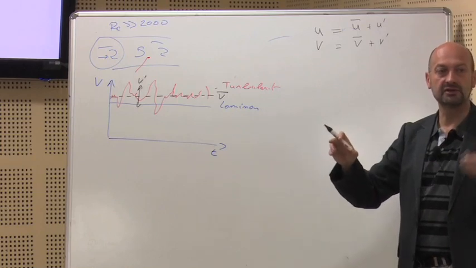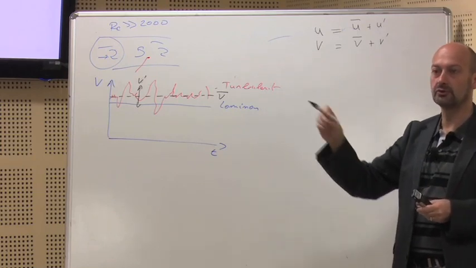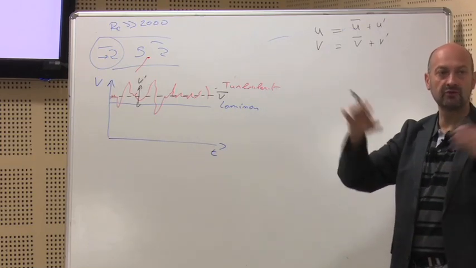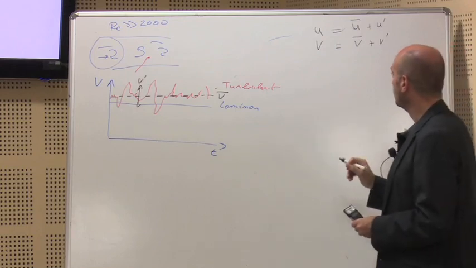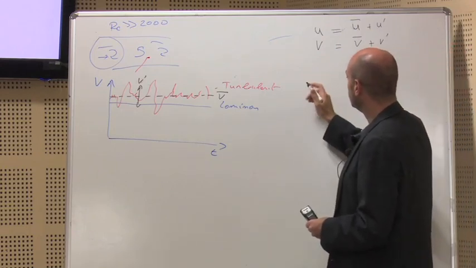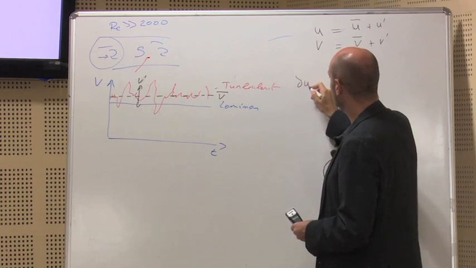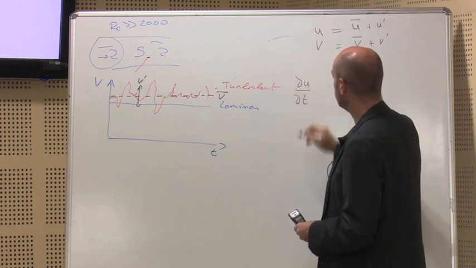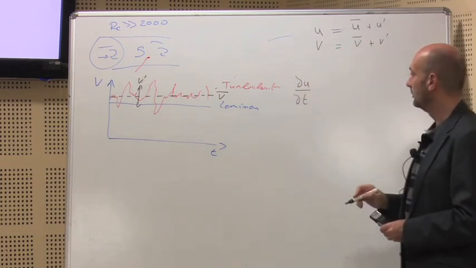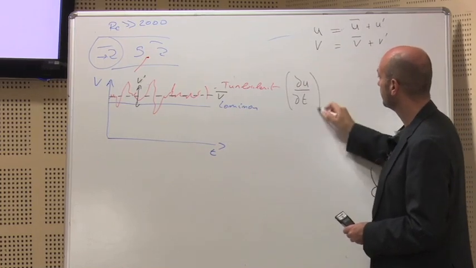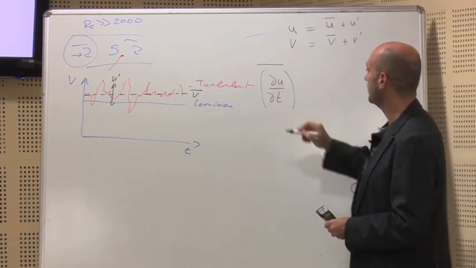In the Navier-Stokes equations, you have many terms. So you have du by dt, you have u grad u, you have the Laplacian of u, so you have many terms. So let's say that you take du by dt, and you want to take the average.